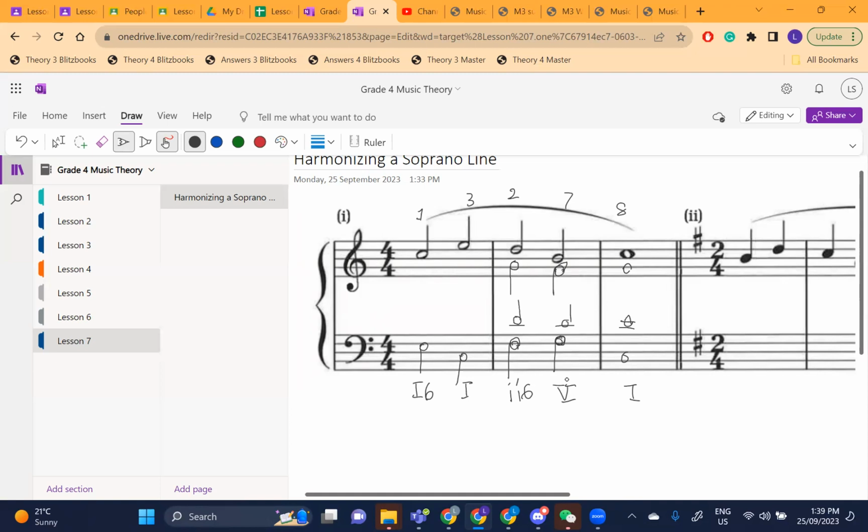Yeah, it's okay. 1. And as part of first inversion voice exchange, we keep those two notes the same.